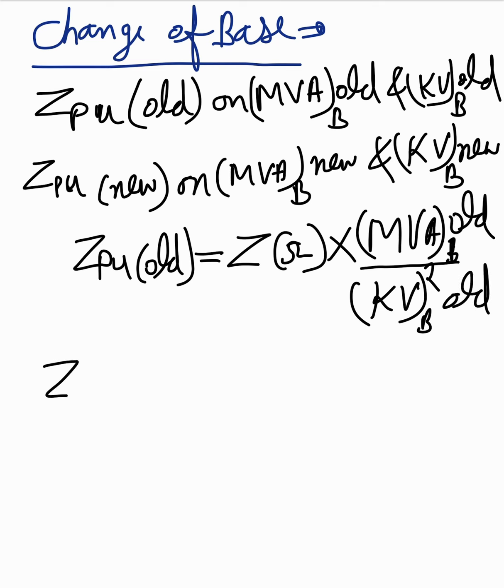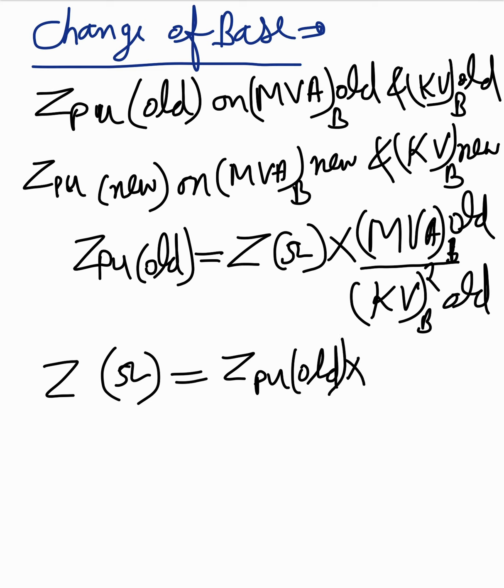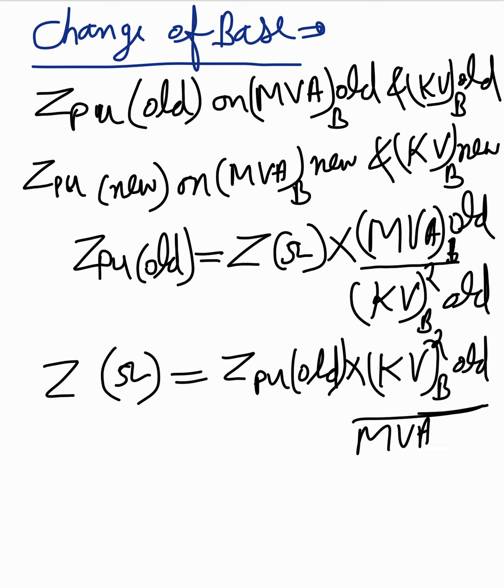Similarly, Z ohm we can write like this: Z ohm is equal to Z per unit old into kV base square old upon MVA base old. So that is equation number 1.